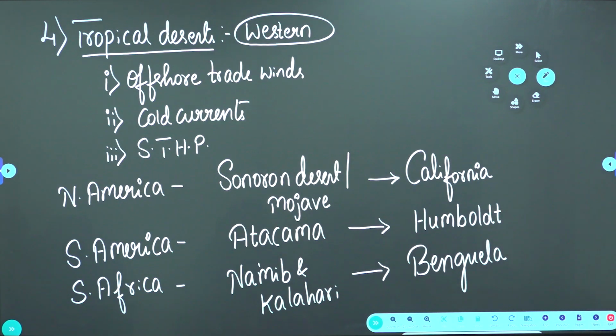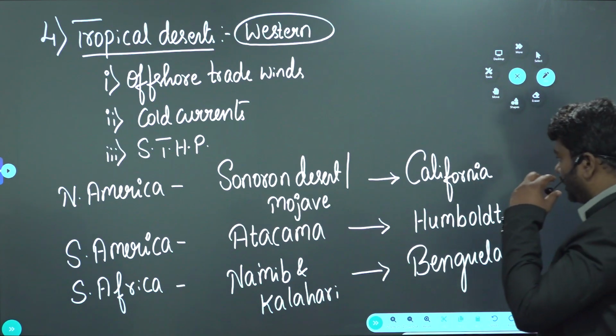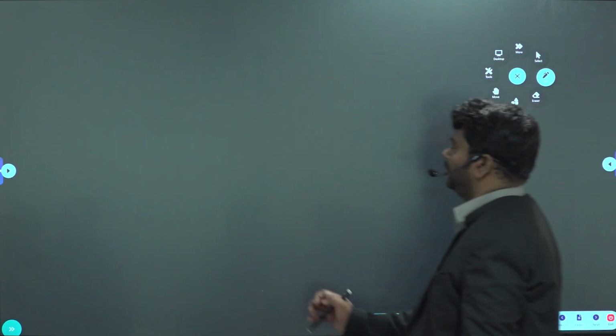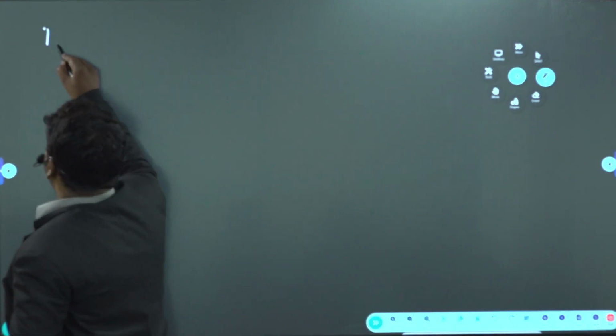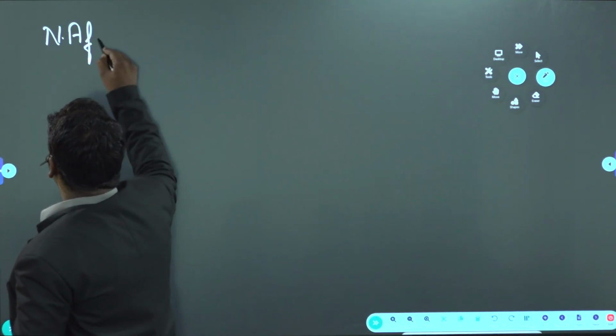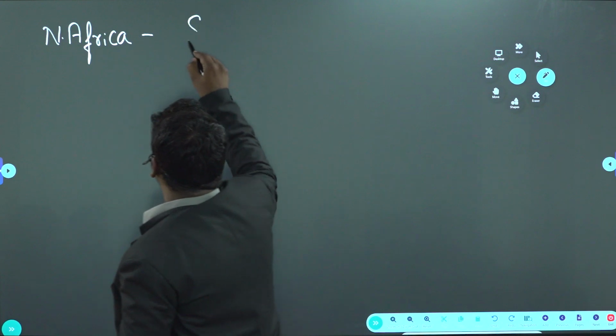Benguela cold current. Northern Africa, which is the desert you have?